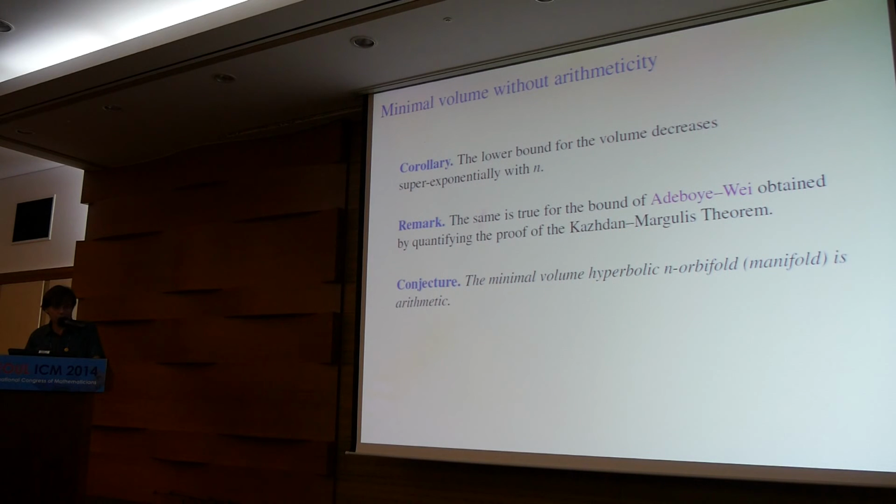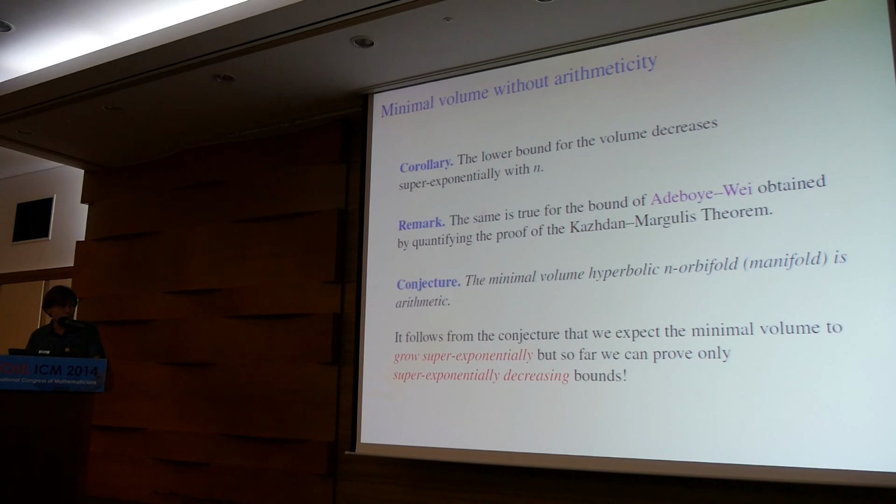So if the minimal volume conjecture is true, then the actual growth rate of the volume with the dimension should be super exponential growth, and what we know only is super exponential decrease. So this indicates that there is still a lot we want to understand about volume. Okay, that is basically how it is.